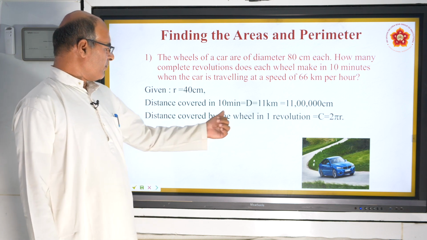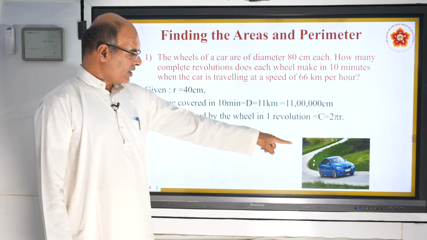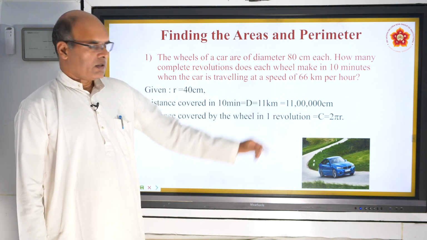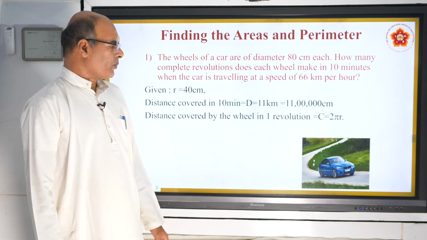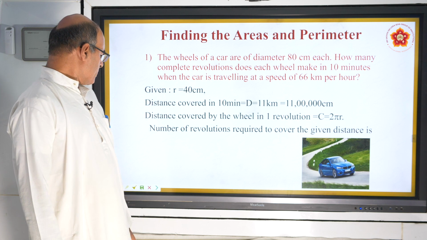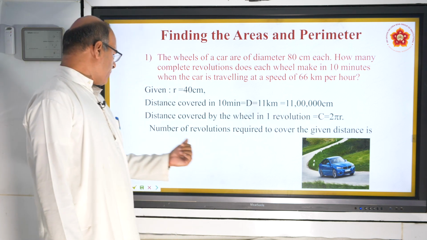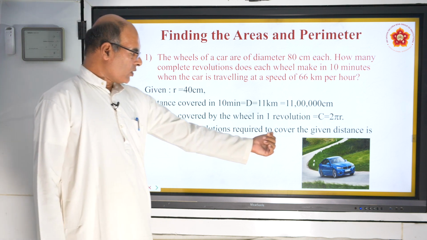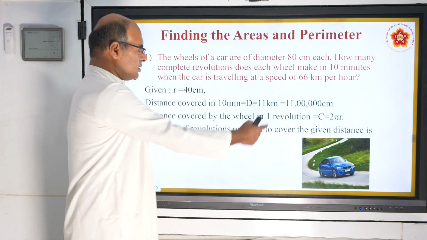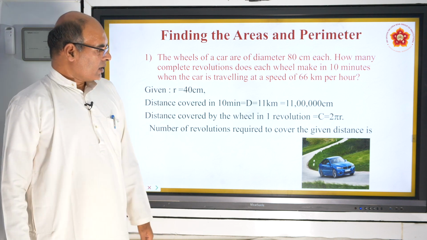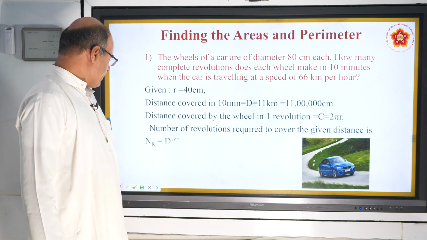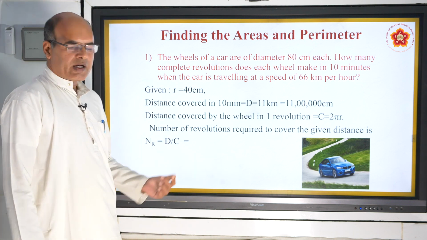The distance covered by the wheel in one revolution is equal to its circumference, which we can calculate using the formula 2 pi r. To cover 2 pi r, one revolution is required. Therefore, the number of revolutions required to cover 11 lakh centimeters is d by c, distance divided by circumference.